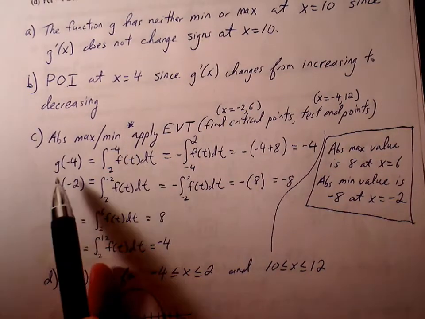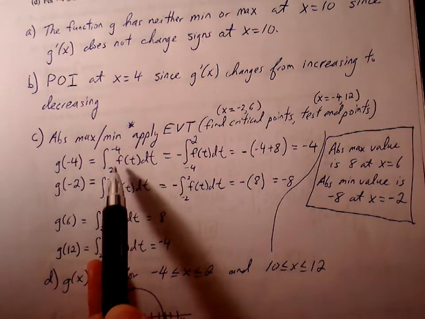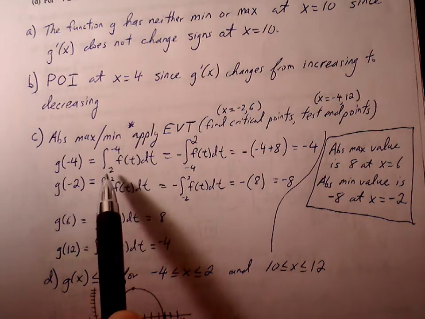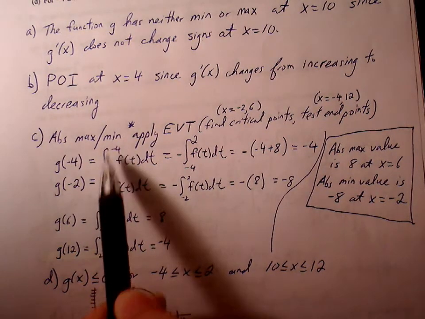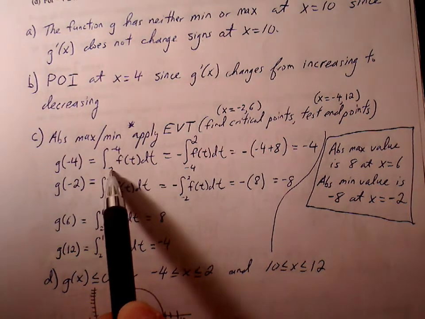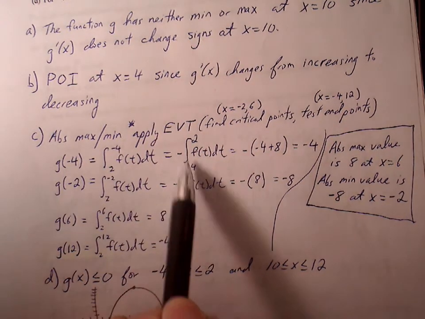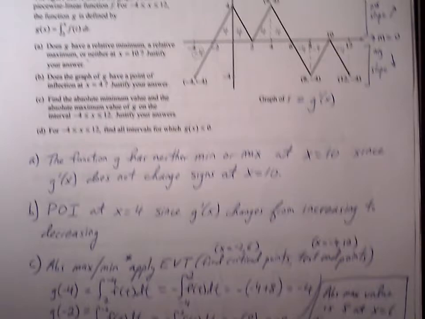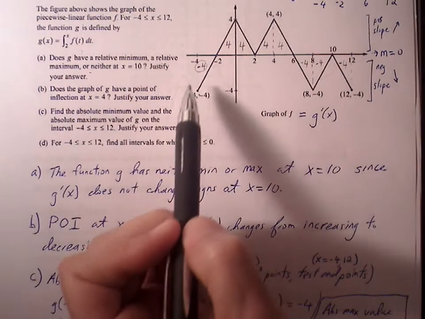So to find g of -4 first, I'm going to plug -4 into my formula. If I want to read the graph from 2 to -4, I like to read from left to right. So we're going to flip the bounds, make it go from -4 to 2. And from -4 to 2, we total those regions up. These are all triangles, so 1/2 base times height.